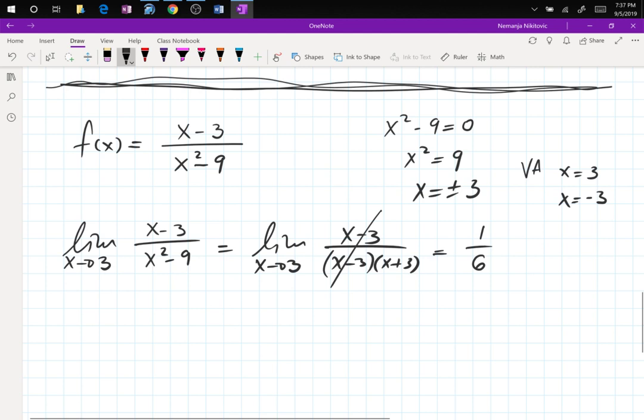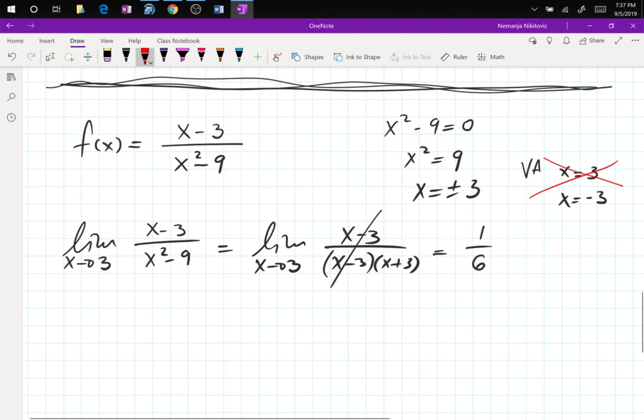Is that infinity? No. Do I have a vertical asymptote at x equals 3? No. That's just a hole in the graph. It's just a hole in the graph. I'm actually going to put up a graph on the screen, so we are going to verify this graphically as well.